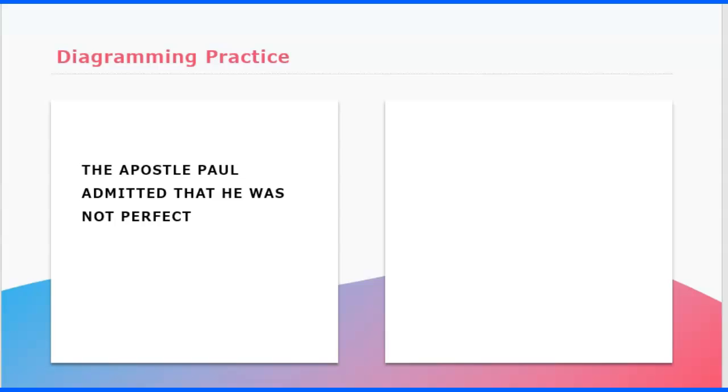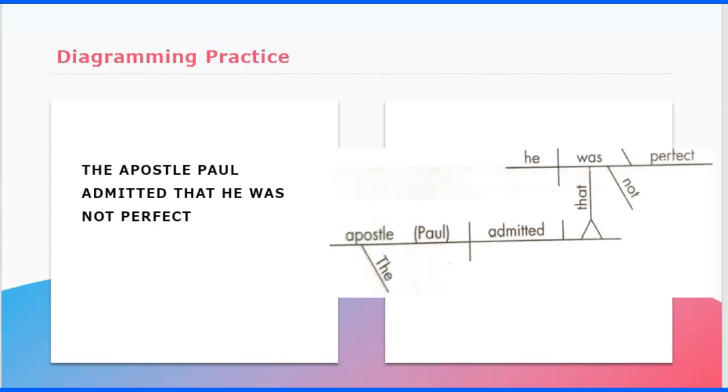All right, here we go for the next one. And we have here a rather complicated looking diagram, but Paul is our subject. But remember, we have two things here identifying him. So apostle is the subject, Paul is the appositive. Do you remember those? It just provides kind of an extra word for our subject.